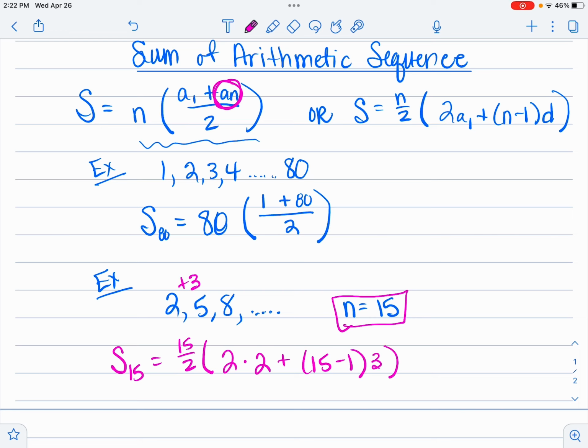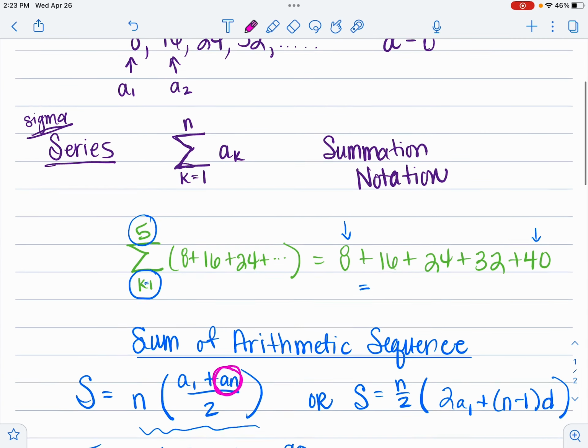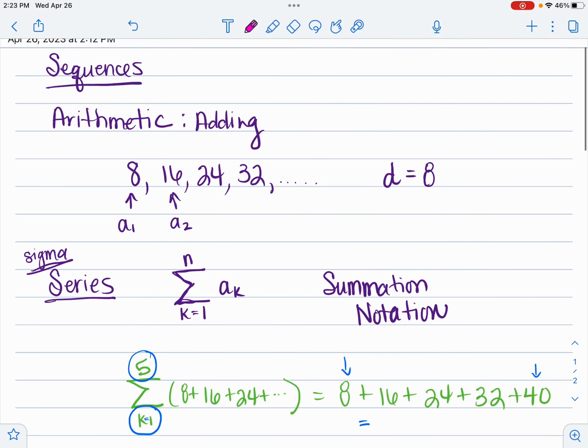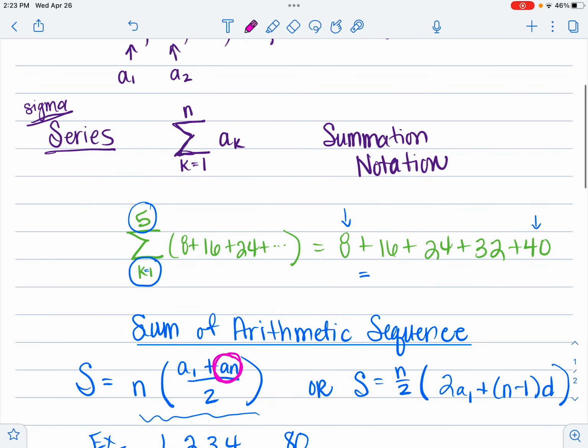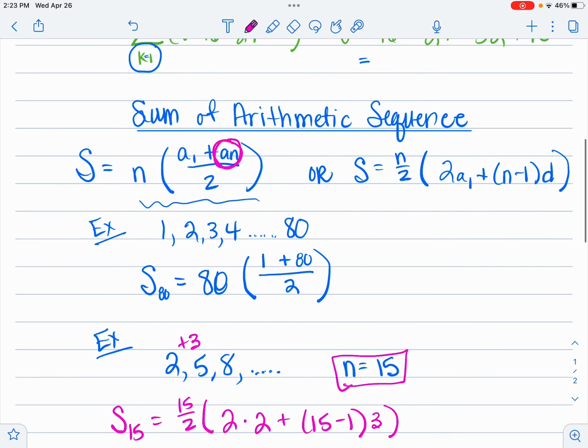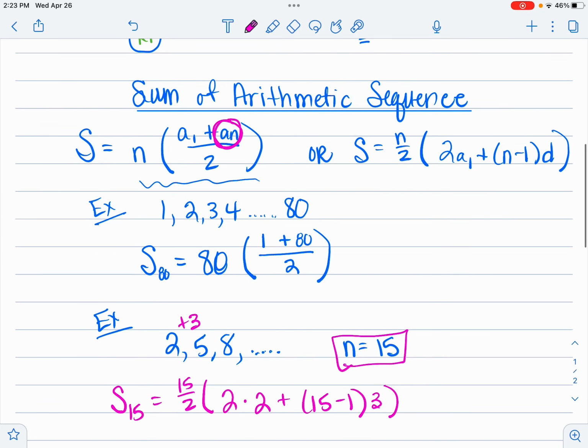And you work that out, and that will give you the sum of the first 15 terms. Okay, so that is an arithmetic sequence. We know a sequence is when you're just adding the same thing every time. And to add it up, using summation, we can use either of those two formulas, based on what they give me.